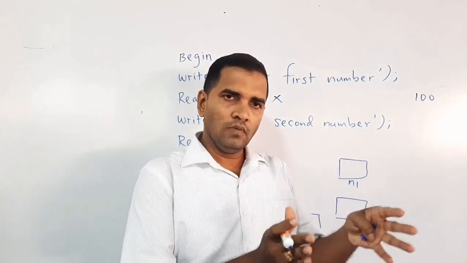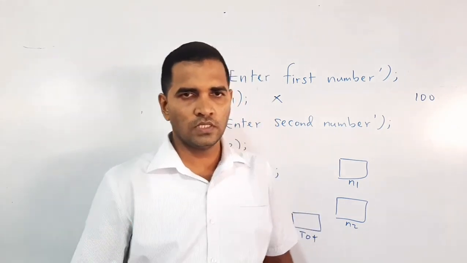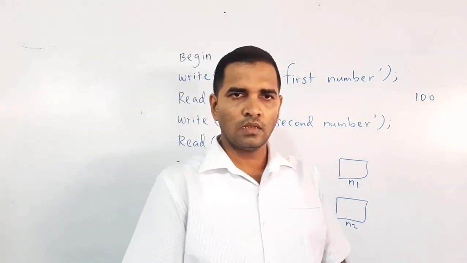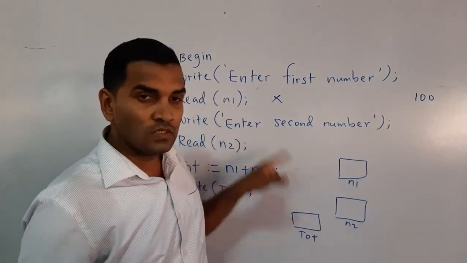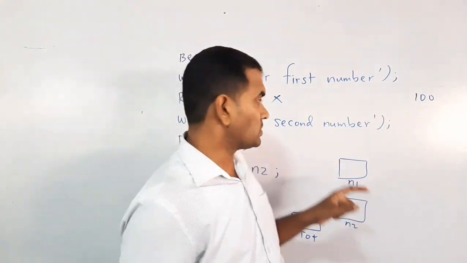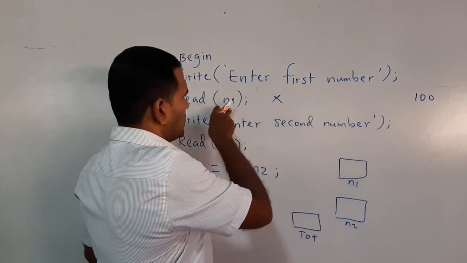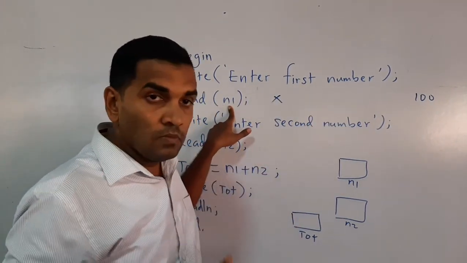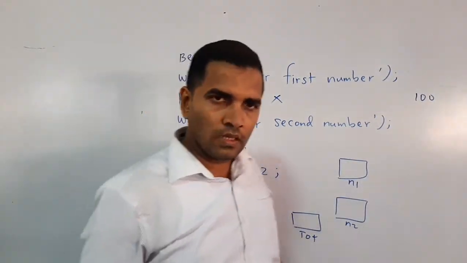The name variable comes from the fact that the value saved inside can be changed from time to time. But we should understand the term variable first. Look here, enter first number, then in the next line you are telling the computer to store in N1. So N1 actually is nothing.